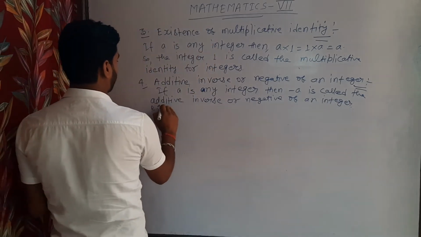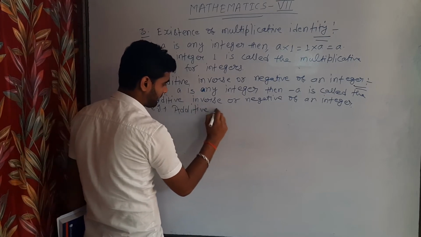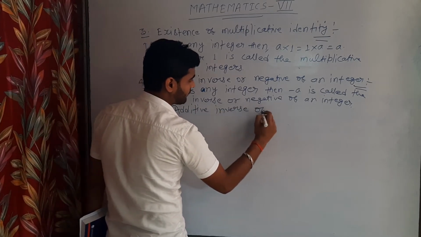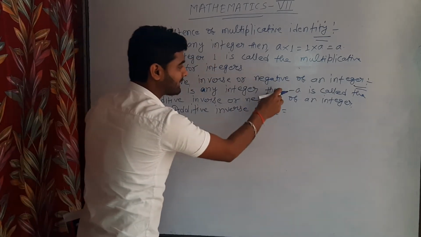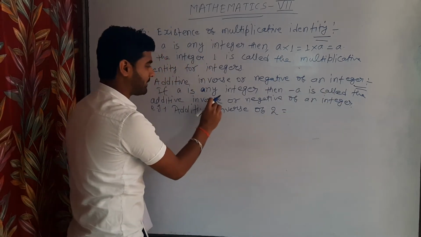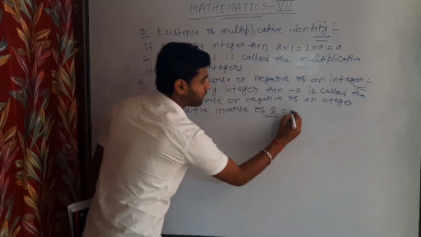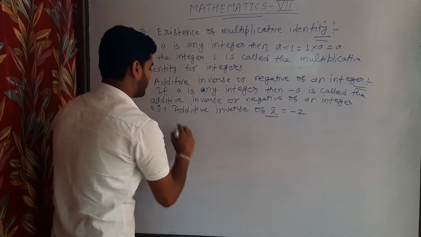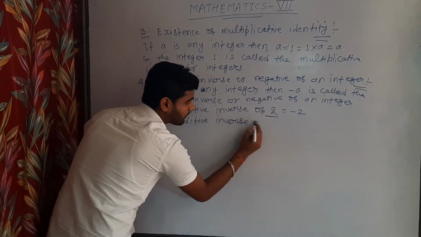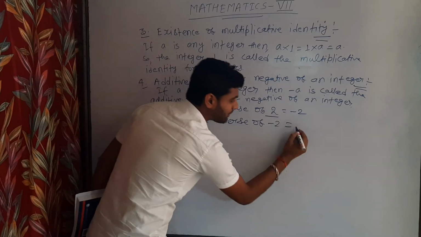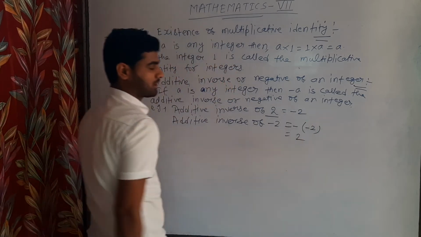As an example, if you have to write the additive inverse of 2, so if a is any integer, then minus a is called the additive inverse or negative. So here we have to write the additive inverse of 2. So the additive inverse of 2 is equal to minus 2. The additive inverse of minus 2, then we write minus 2 in bracket, minus, is plus 2.